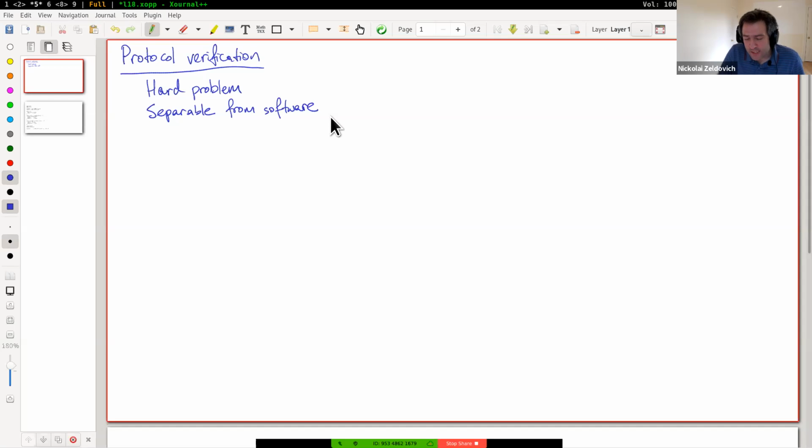And this is something that we basically saw in the Amazon paper in the first week of class, where the Amazon developers really thought that it was difficult to verify the protocol separate from how they were going to implement this. And this is sort of in the same space that this paper is sitting. It's really trying to figure out if a protocol description that works over the network is going to work correctly. And then later or separately, they'll worry about how to write software that correctly implements that protocol then.